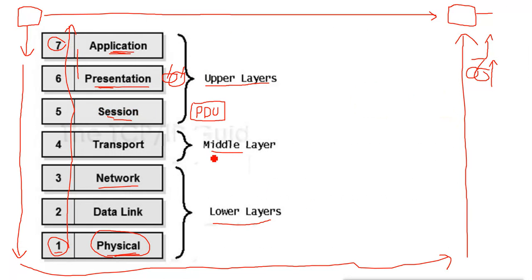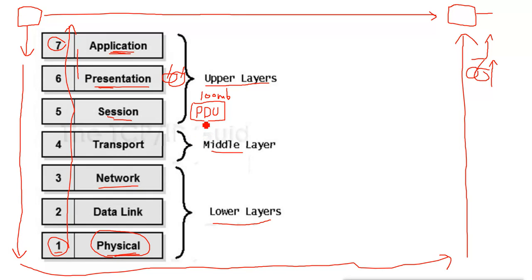That means your PDU is created here, through the session layer, and suppose this PDU is 100 MB. Now we can't send 100 MB at the same time on the network. So what does this transport layer do?